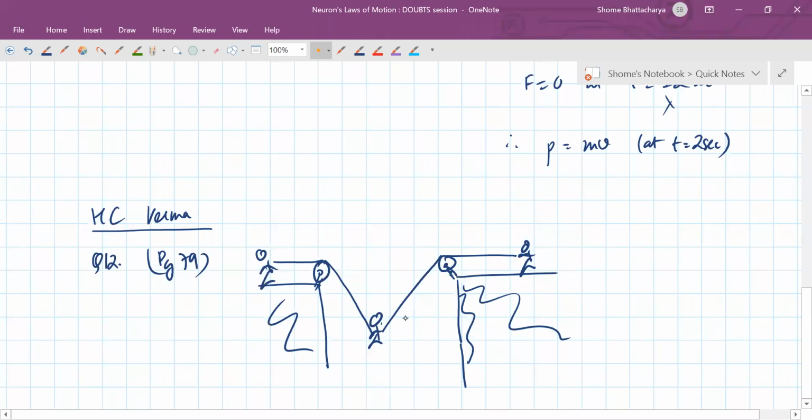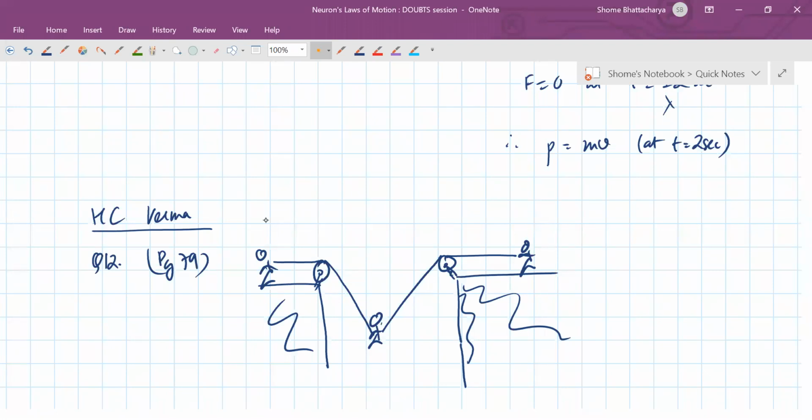It says that a person of mass m, and you have to find the force.